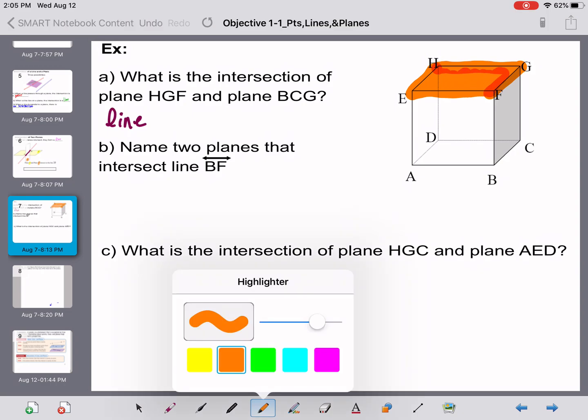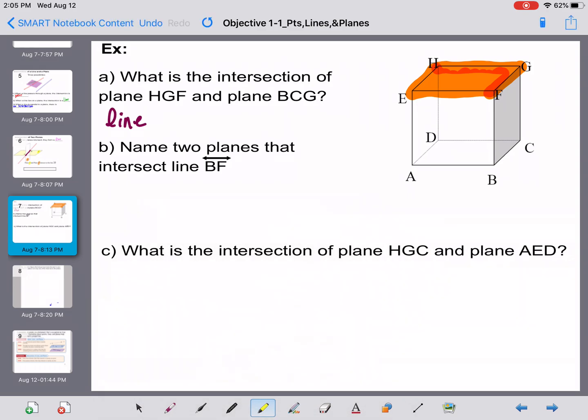And BCG. B, C, G. All right, well, that looks like it would be this plane. So when you think about two planes intersecting in the real world, they make what? If you look at the walls in your room, you have corners.